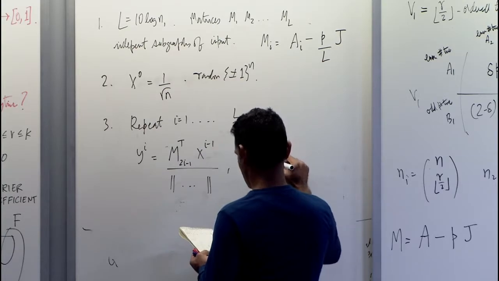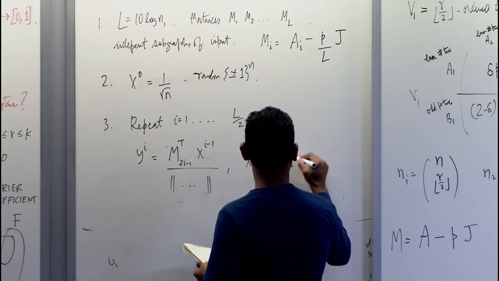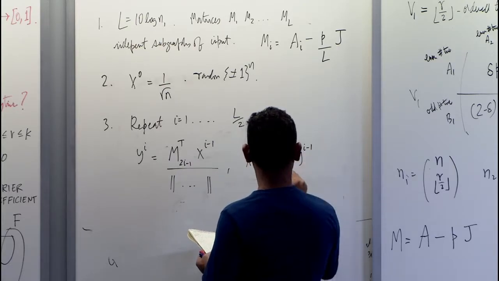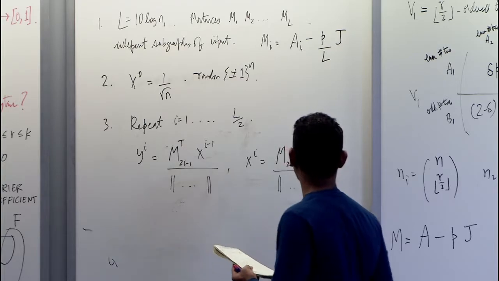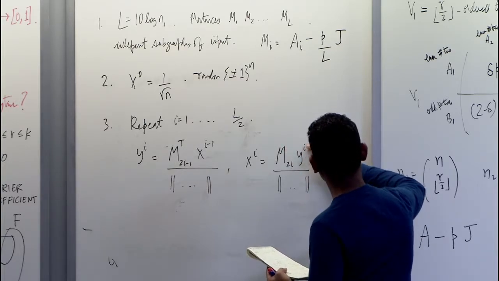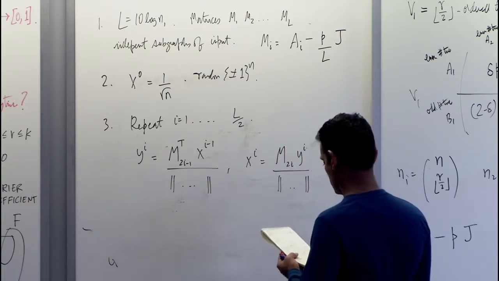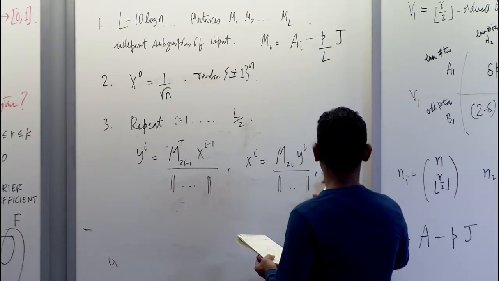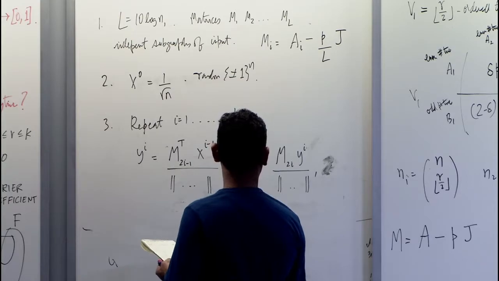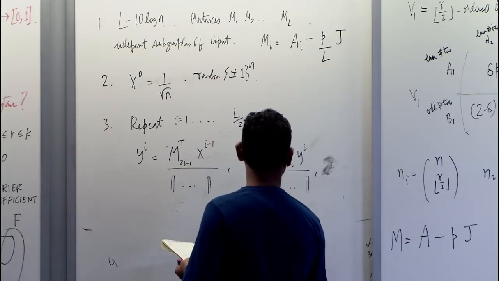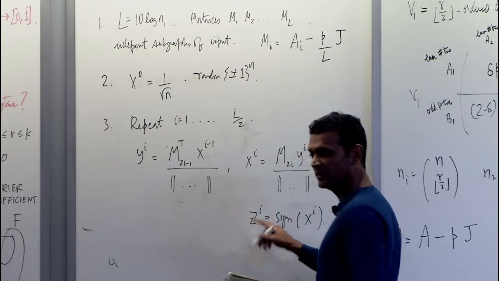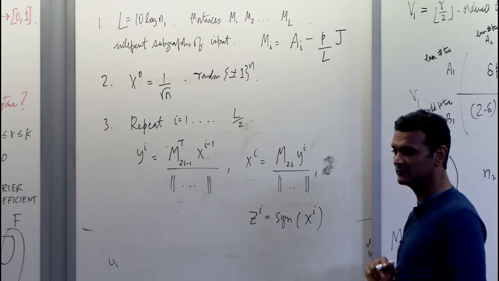Xi will be and then Zi is the sign of xi. So this is a vector. Every coordinate is plus or minus 1, just the sign of this vector.